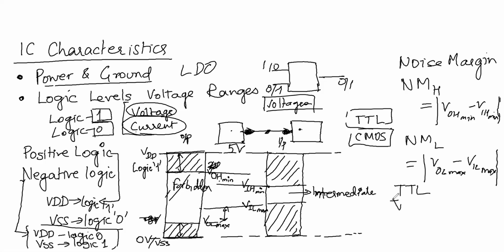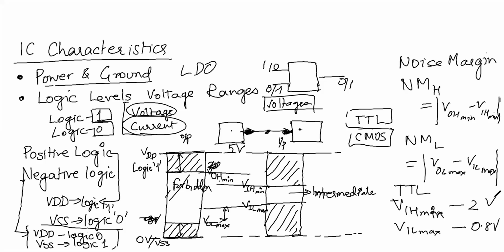This is VIH min, 2 volt, and VIL max is 0.8 volt.